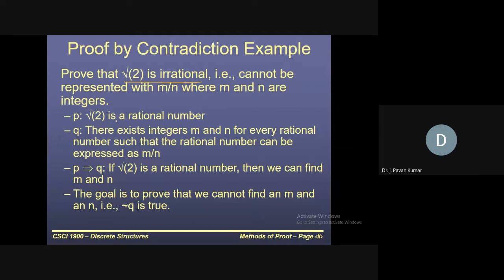Then assume square root of 2 is a rational number. This is the statement that we are assuming as P, and Q is that there exist m by n values which cannot be divided further. Please keep that in mind. In m by n representation, for example, if we have 5 by 1, can we say the m by n representation is 10 by 2 or 15 by 3?